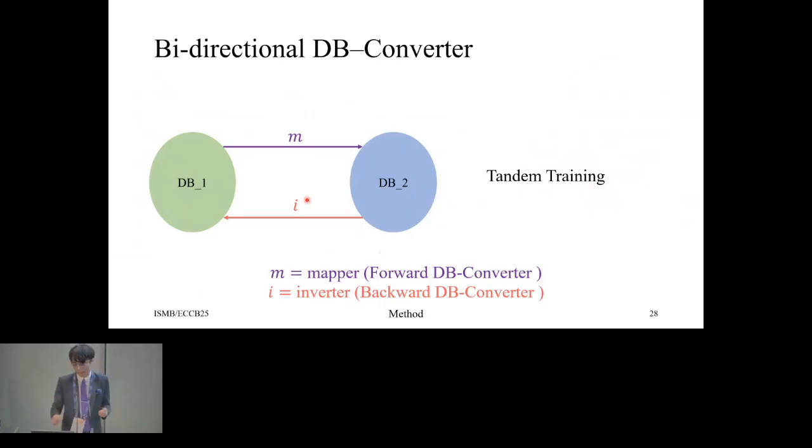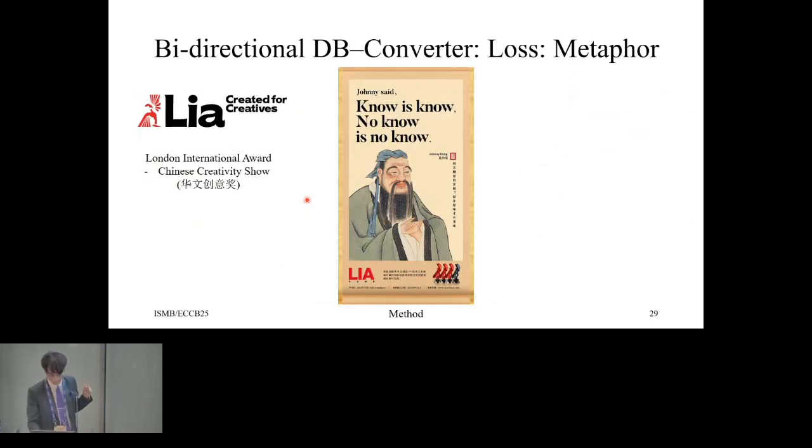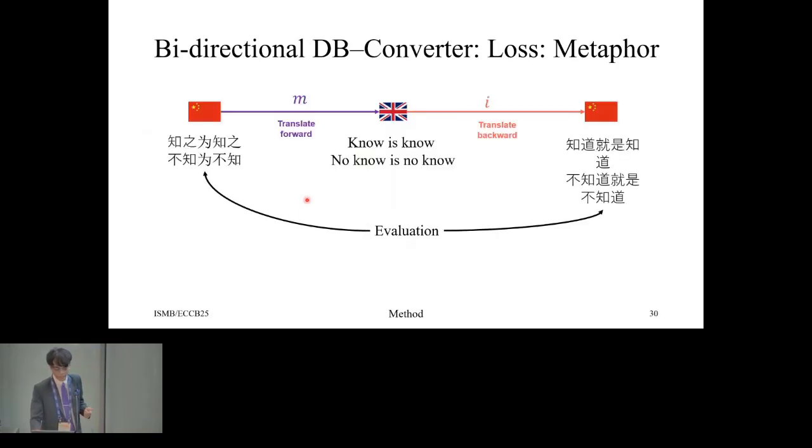So I'll give you a metaphor. Some of us may know this meme, "Johnny said no is no, no is no, no." This funny translation occurs when Google Translate fails to translate some Chinese text. Let's say you and I don't know Chinese. So what do we do? We take the Chinese text, translate it into English, and translate it back to Chinese. And then we see that it doesn't match.